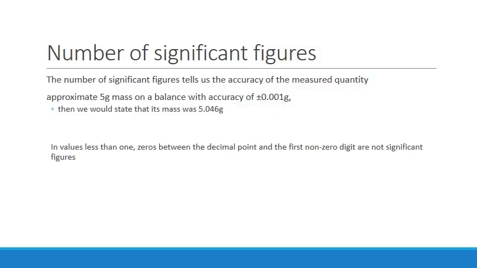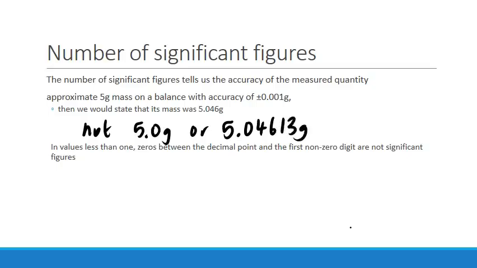We would not write 5.0 grams, and we couldn't be more accurate than that, 3 decimal places, so we couldn't write it as 3.04613 grams, for example.